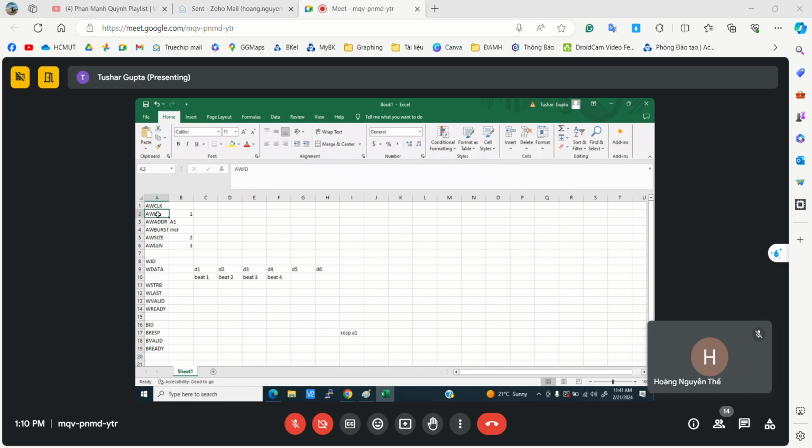We have the ID signal in all the channels. We have AWID on the address channel, WID on the data channel, and BID on the response channel. So for a particular burst, this ID will be the same for all 3 channels. Whenever data D1 is there, how it corresponds to this address we control using the ID. Whenever the data is driven, it has the same ID as the address.